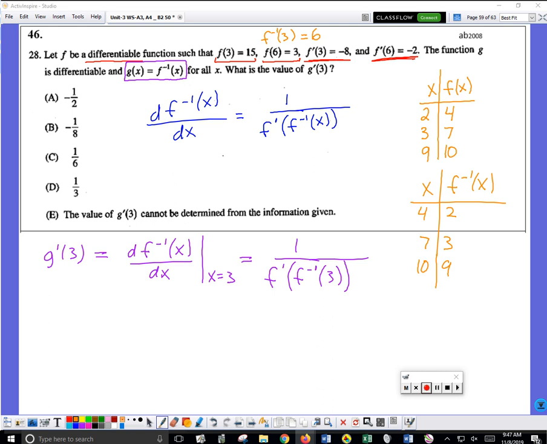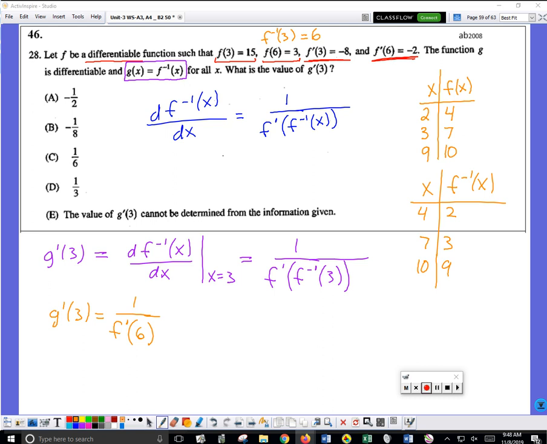So I need the pen again, but here's what we write. So g prime of 3 is now going to be 1 over f prime of 6. Raise your hand if you know what I'm going to do next. Now what do I do?